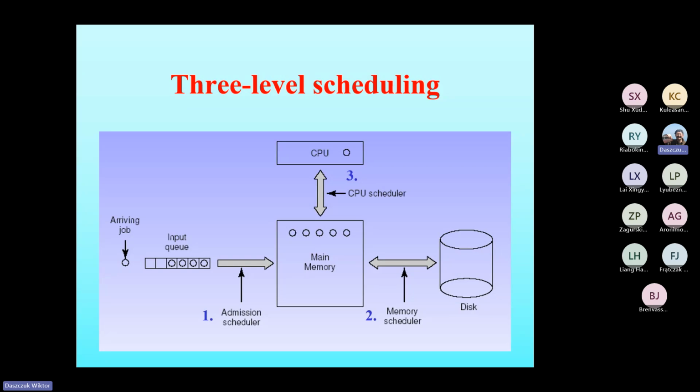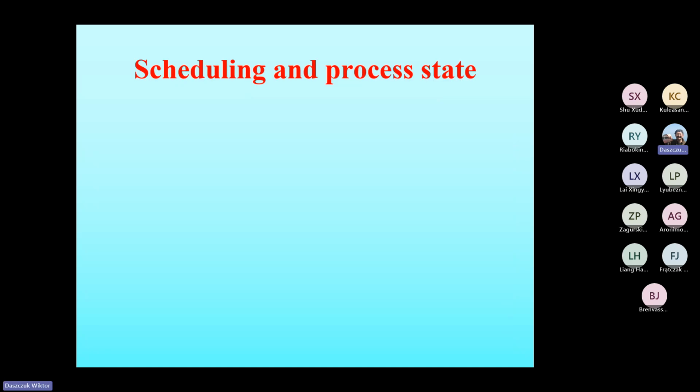Here we can use round robin. Here we cannot use round robin, and here we cannot use shortest job first. So we must understand to which level of abstraction given algorithms are dedicated.